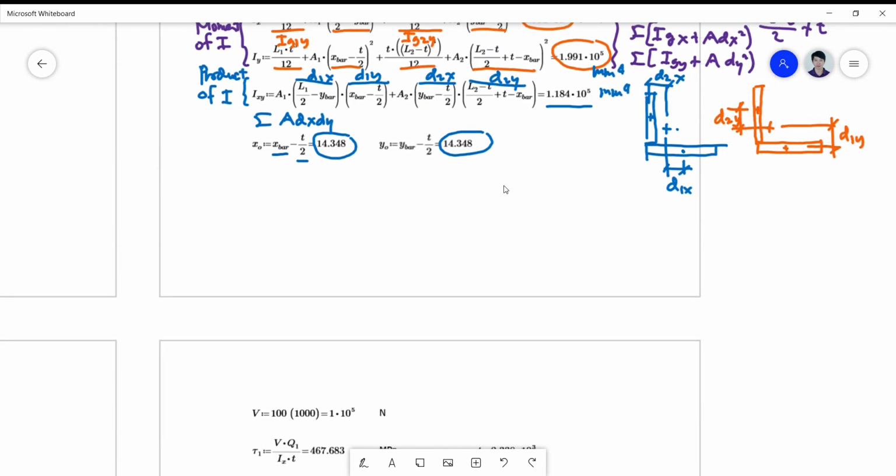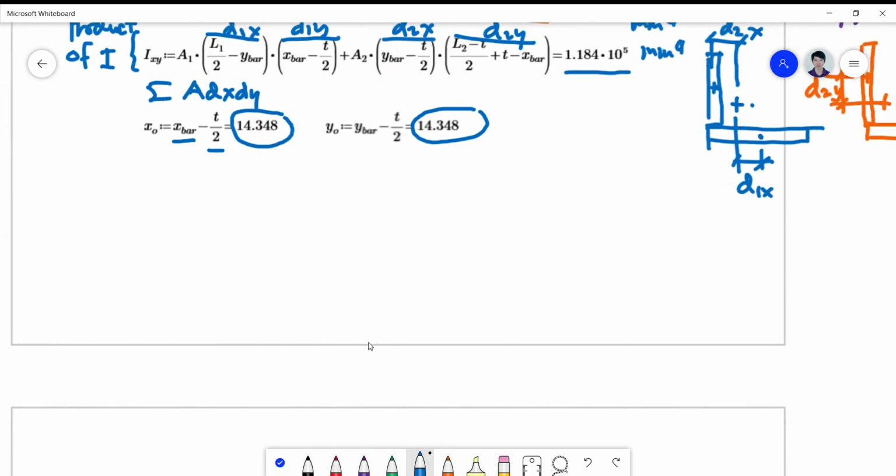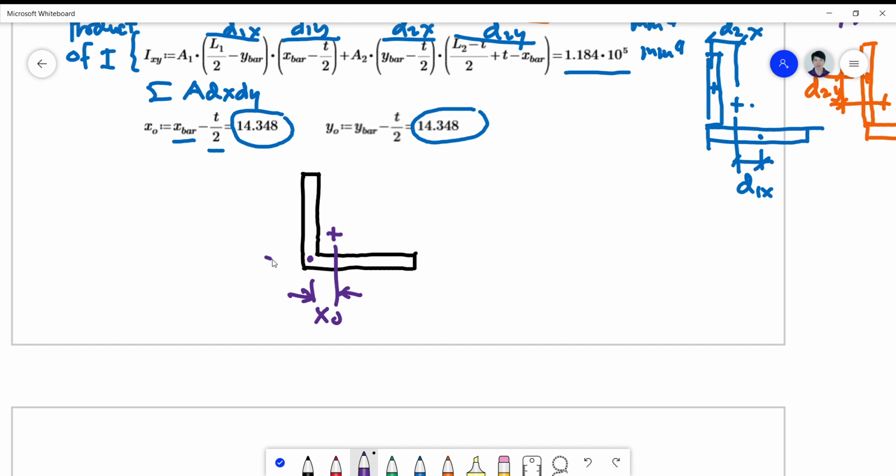If you want me to have a drawing on it, this is simply the distance from the shear center to the centroid, simply your XO and your YO. Okay, so this is the center of gravity and this is the shear center.